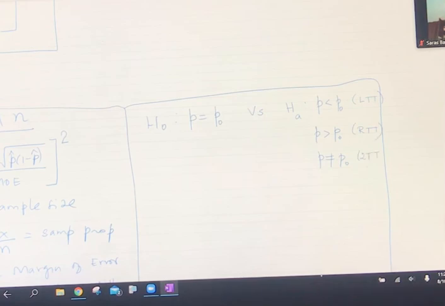So the first step, you're going to have the null versus alternative testing of a hypothesis, which involves a 5-step procedure. So basically, you are going to be testing the validity of the statement or the claim or the sentence on p.